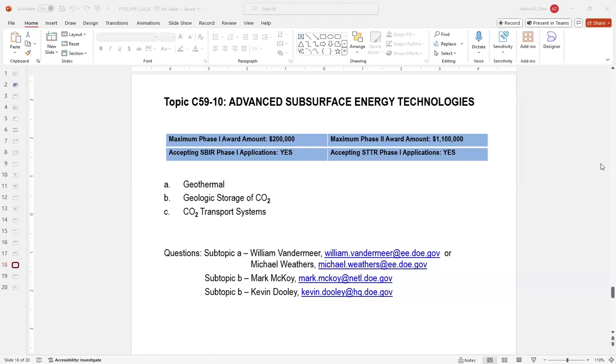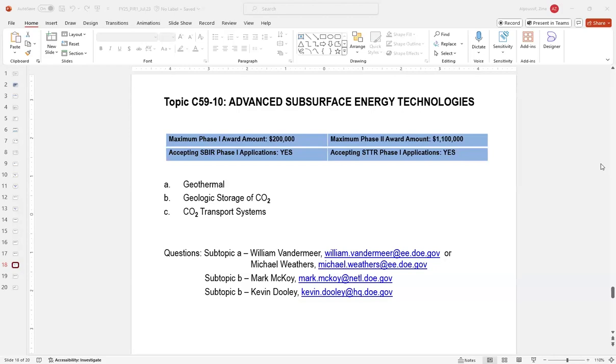But we have not put any topics out for active reflection seismic surveys or VSPs or those types of surveys, just because that seems to be a much more mature technology, and we're looking to develop other types of technology to work in situations where active seismic surveys don't work as well as they should.